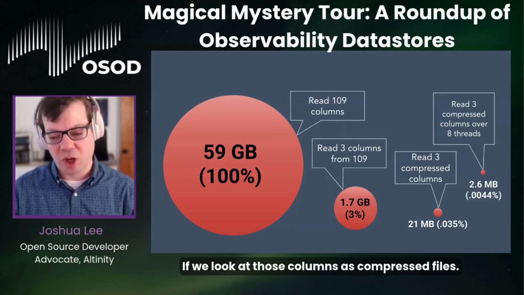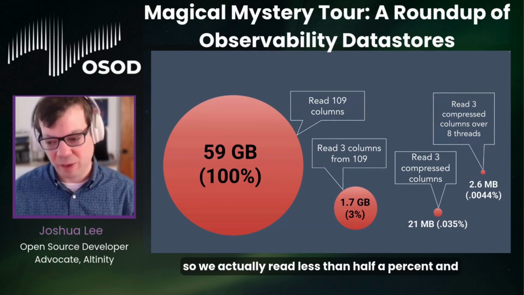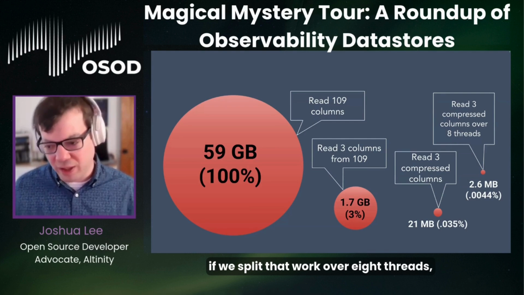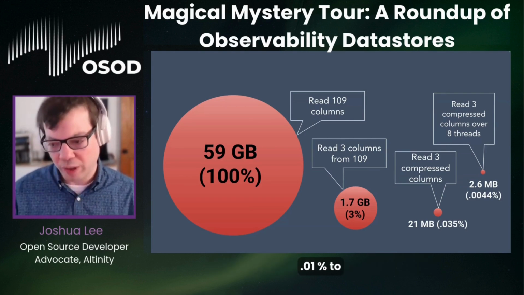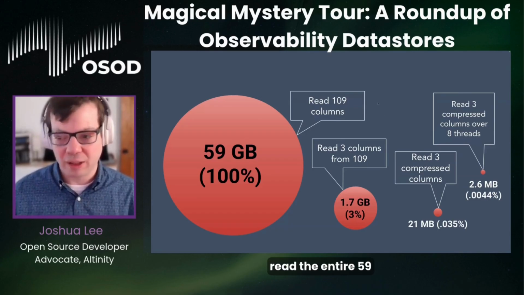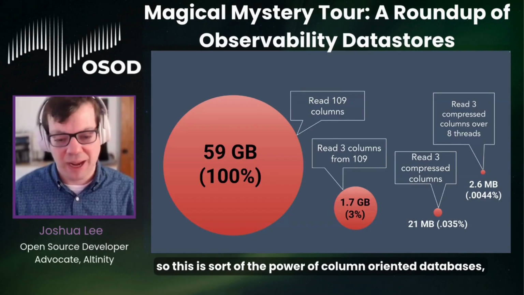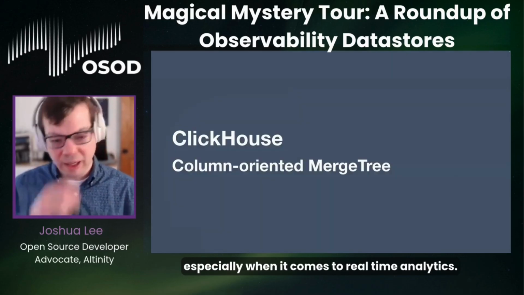If we look at those columns as compressed files, we read even less data, so we actually read less than 0.5%. And then if we split that work over 8 threads, which we can do, we get less than 0.01% to read the entire 59 gigabyte table. So this is the power of column-oriented databases, especially when it comes to real-time analytics.